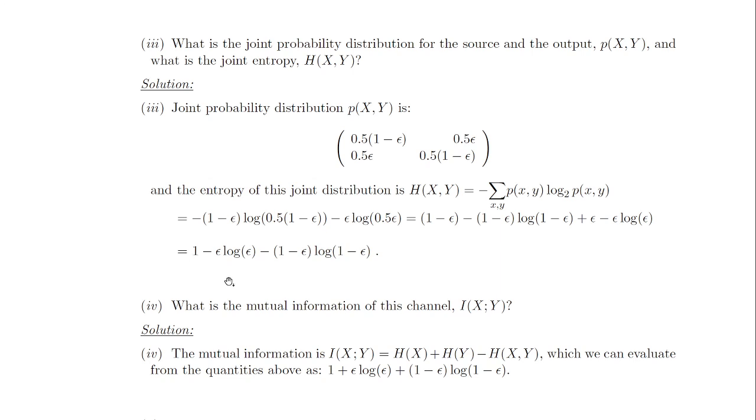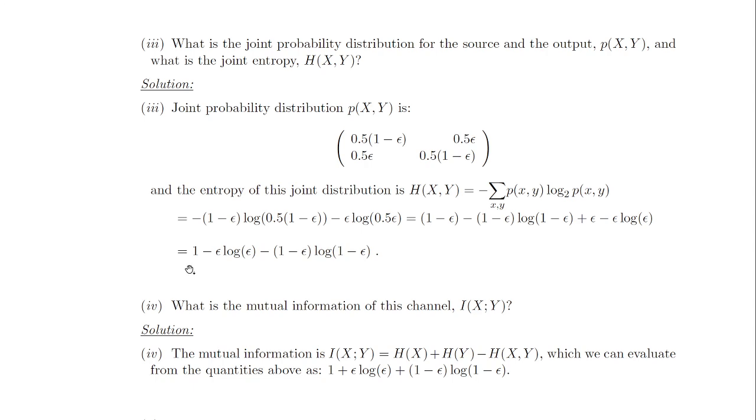If epsilon is either 0 or 1, then the minimum value is going to be 1, because if epsilon is 0, this term is 0 for that reason, and this term is 0 for this reason. We have the log of 1. So if epsilon is 0, it evaluates to 1, and if epsilon is 1, it also evaluates to 1, because this term will be 0 for that reason, and this term will be 0 for a different reason. So the minimum of this inverted U-shaped curve is 1 bit.